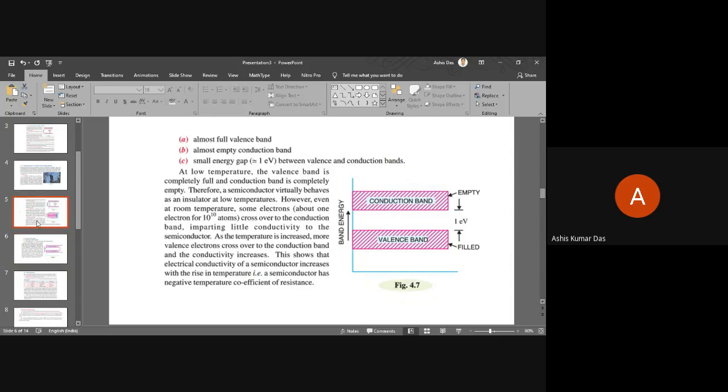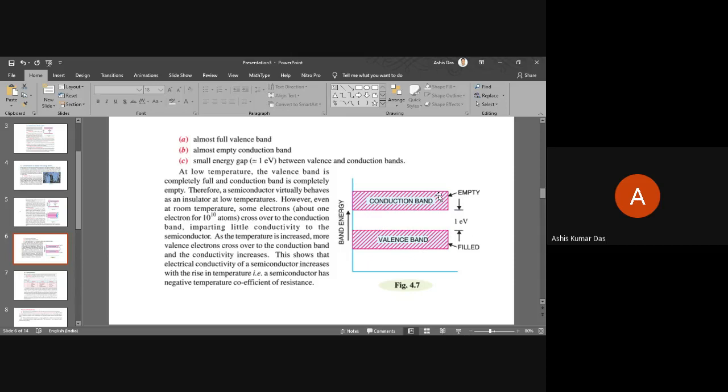So in a semiconductor, almost a full valence band, that means plenty of electrons in the valence band, but almost empty conduction band, that means no free electrons there, with a very small energy gap of 1 electron volt between the valence band and the conduction band.